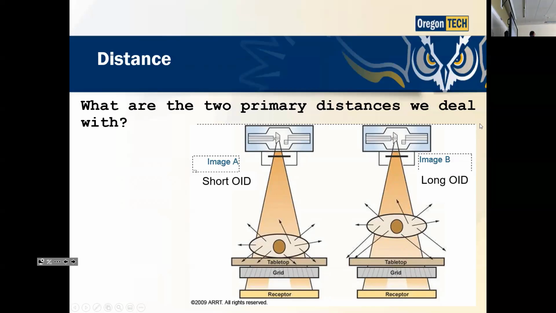It increases. Because with the image receptor here and this is my object, SID from here, if I decrease the SOD, OID increases. Why did I bring that up? Just to make you think a little bit.